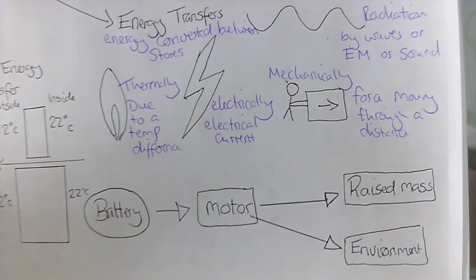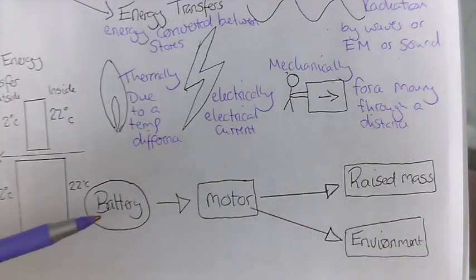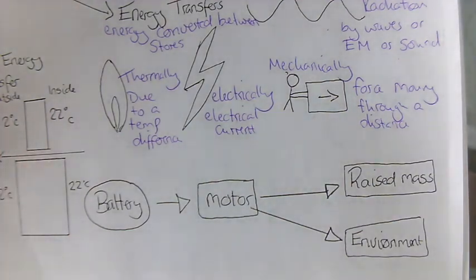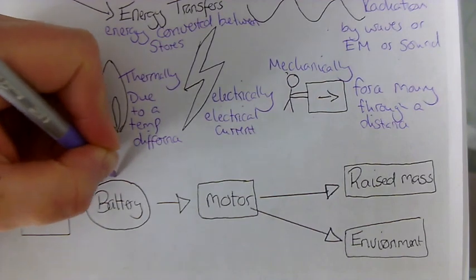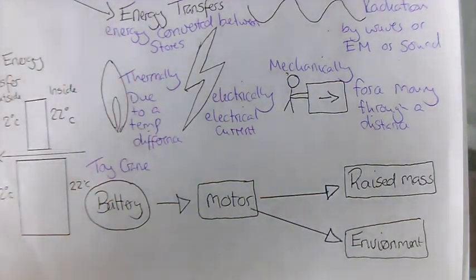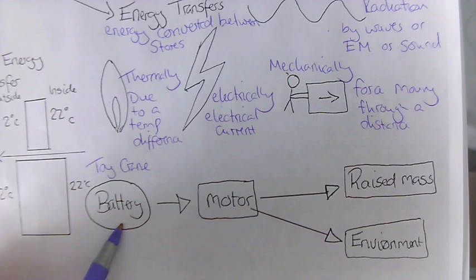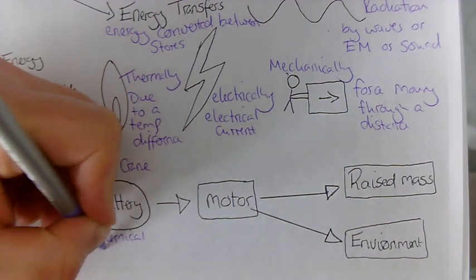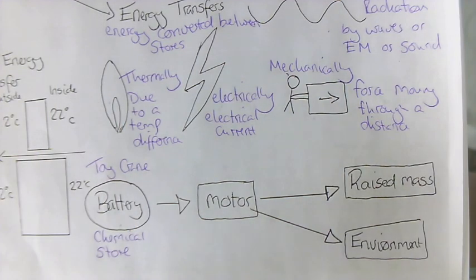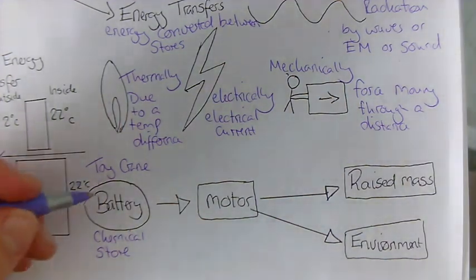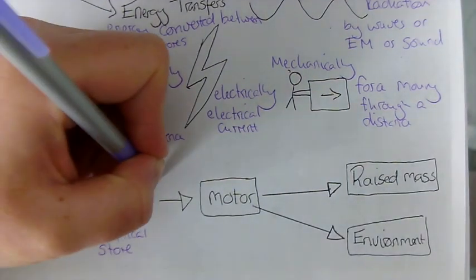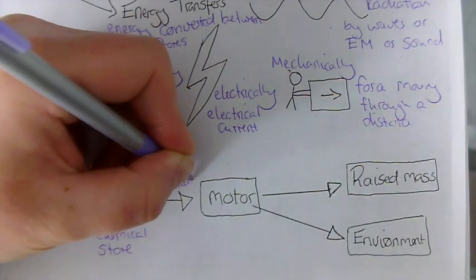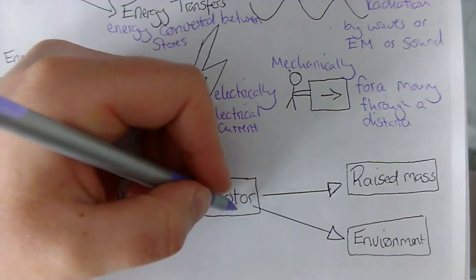So we can get these diagrams like so, which shows our energy stores and transfers in a certain thing. So if we have this as our toy crane, it's powered by battery, which is a chemical store. That chemical store is then transferred electrically to a motor.